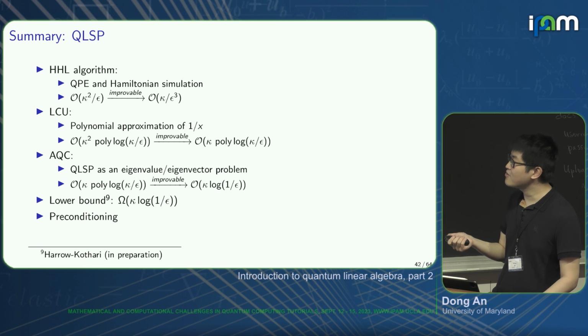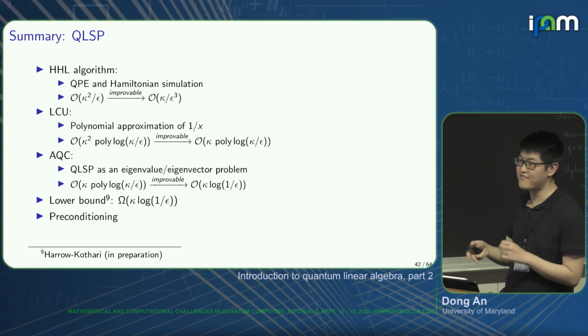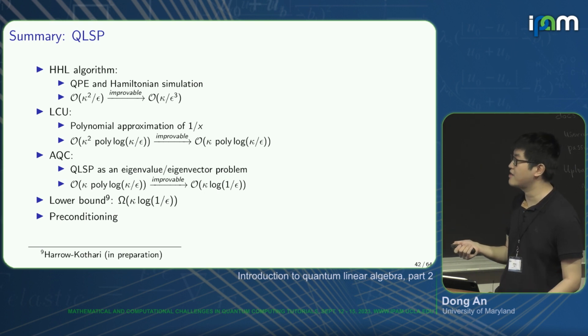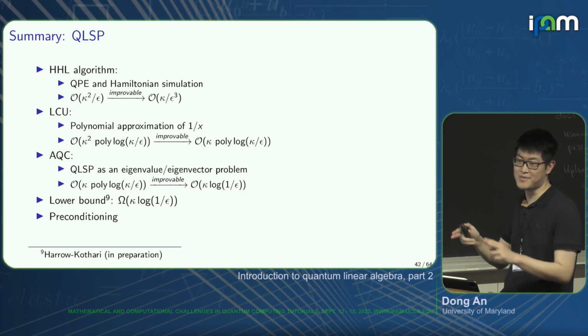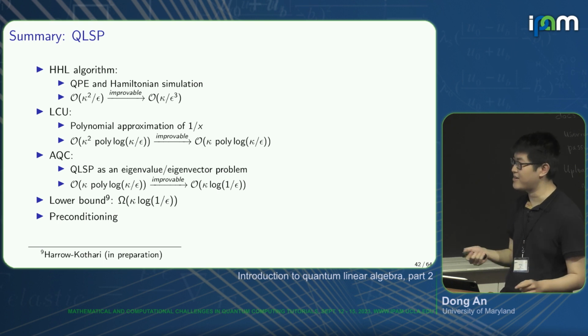For LCU, using the same variable time amplitude amplification, it can be improved to linear in kappa and polylog 1 over epsilon. For adiabatic quantum computing, there is a clever way to do the Hamiltonian simulation when the Hamiltonian is near adiabatic, and then the overall complexity is only kappa times log 1 over epsilon.